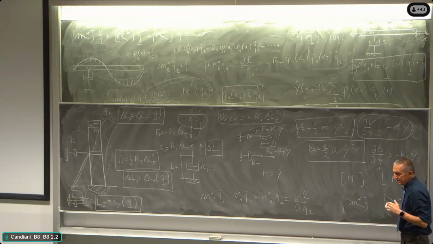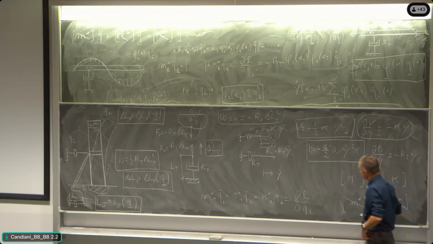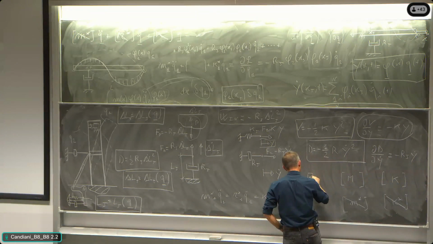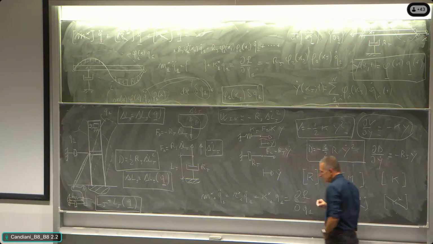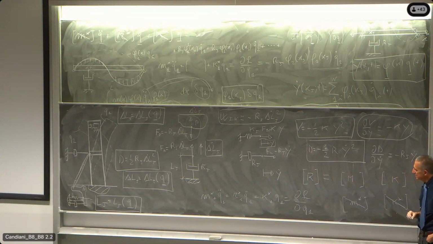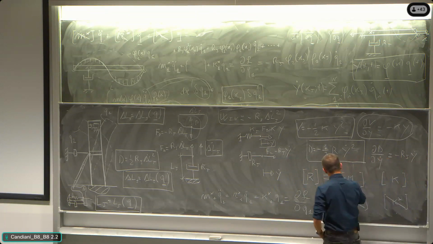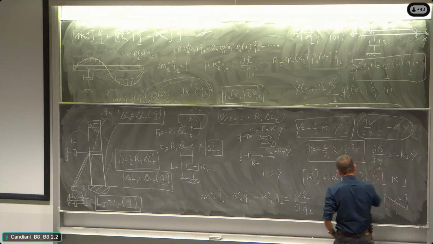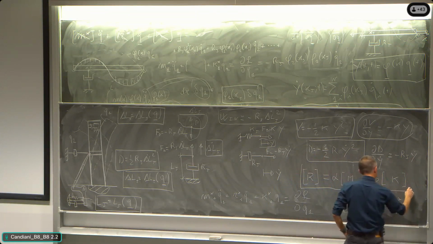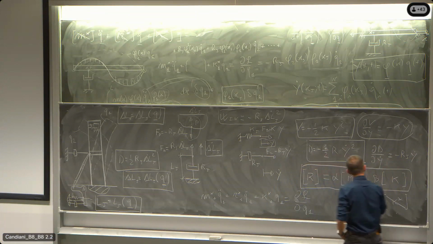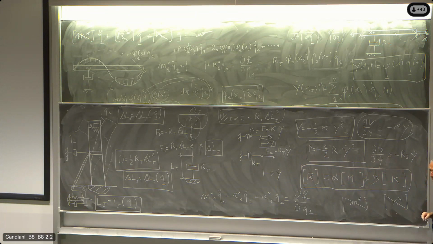And the proposal is, all right, we can adopt a damping matrix that is written as a linear combination of the mass matrix and the stiffness matrix.